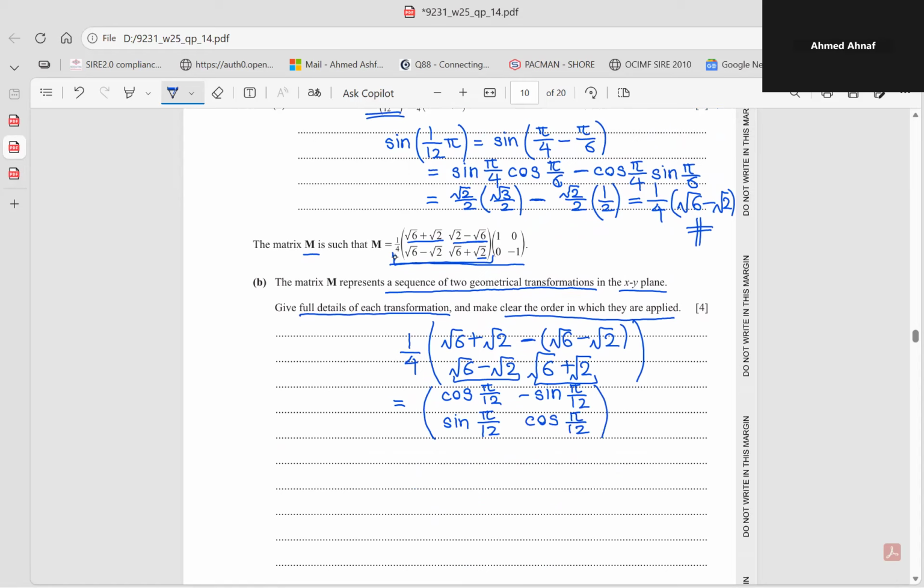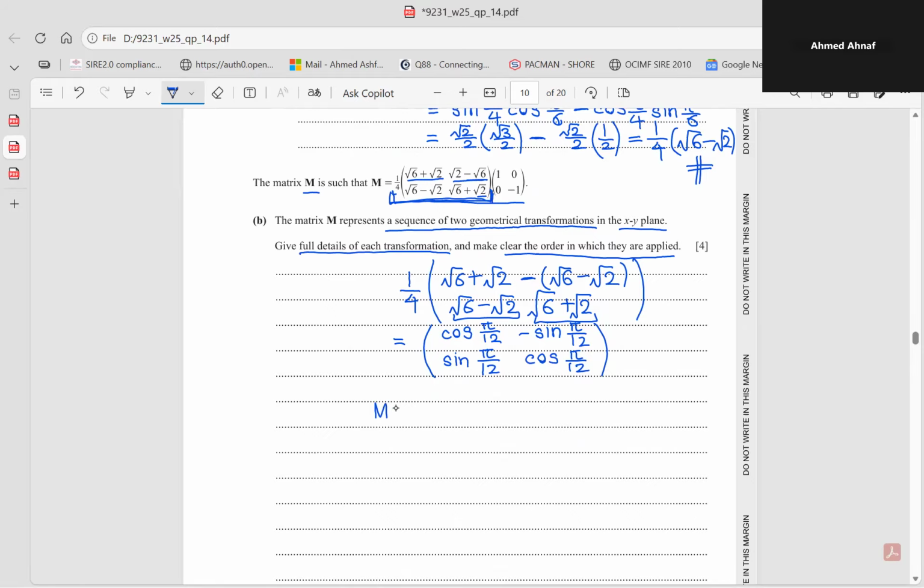So this is what these mean in geometrical terms. Therefore, M is just this matrix in terms of the trig ratios for pi over 12, and this much simpler one.